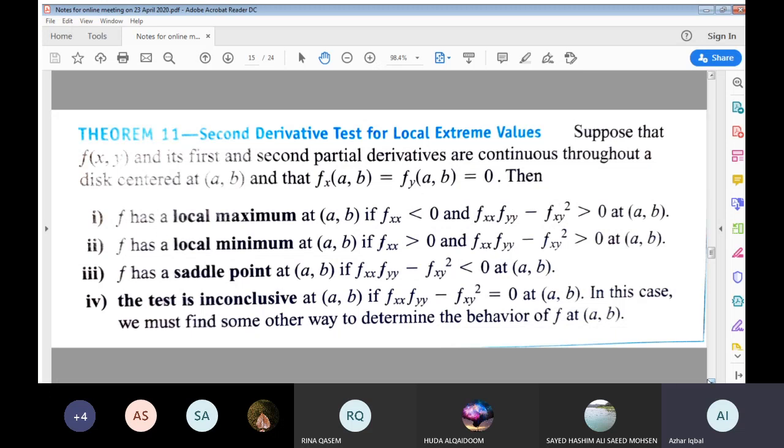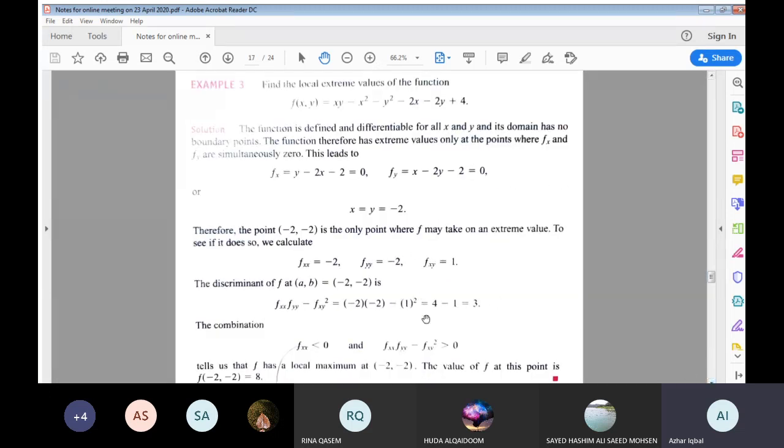So you conclude from this calculation that f has a local maximum at this point. The value of the function at this point, when you put x = -2 and y = -2 into the function, is 8.